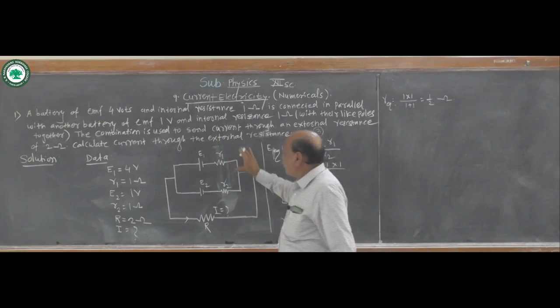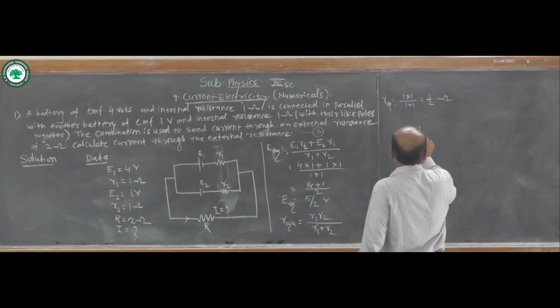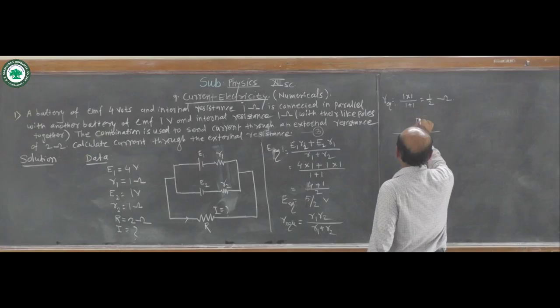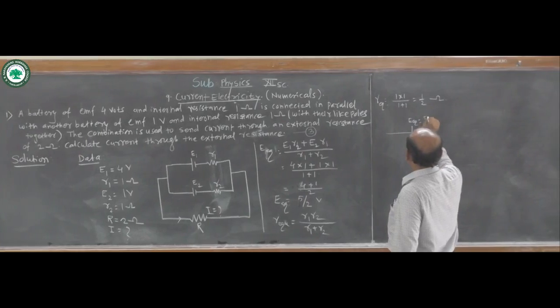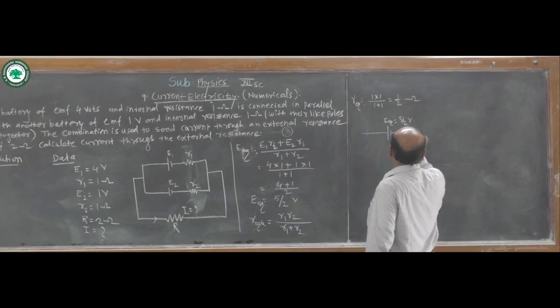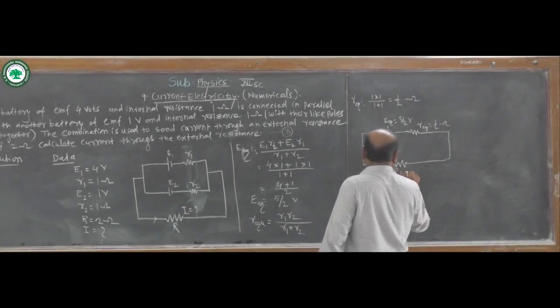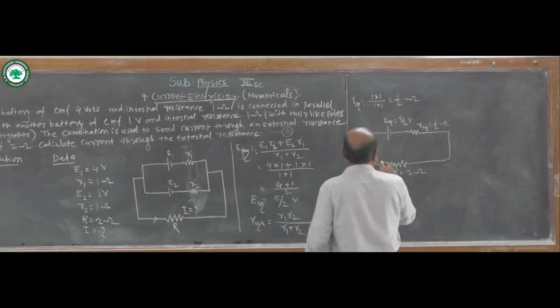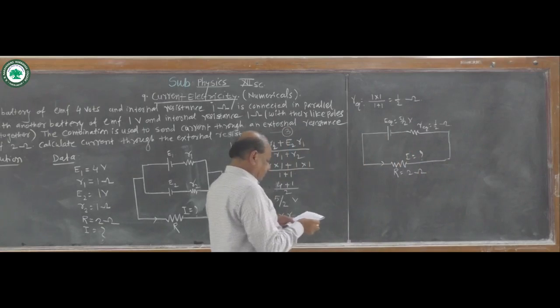Now modify this combination like this one. This is the equivalent EMF, E equivalent, whose value is calculated as 5 by 2 volt, and internal resistance R equivalent, which is equal to 1/2 ohm, and R, whose value is 2 ohm. Then we have to calculate the current I flowing through this one.